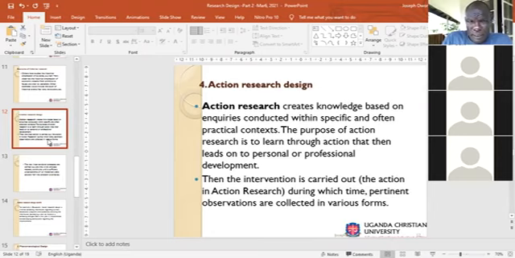Now let's go to action research design. Action research creates knowledge based on inquiries conducted within specific and often practical contexts. The purpose of action research is to learn through action that then leads to personal or professional development.